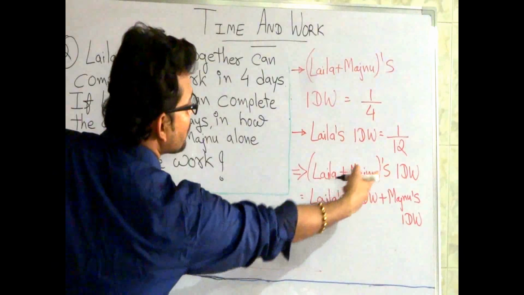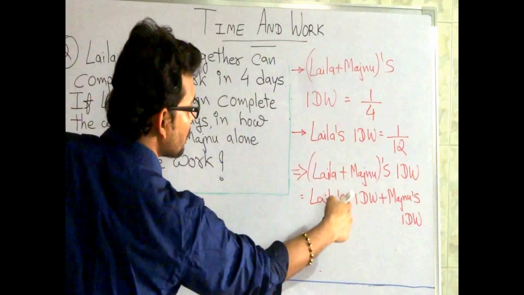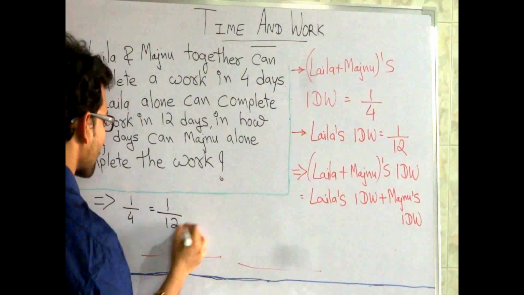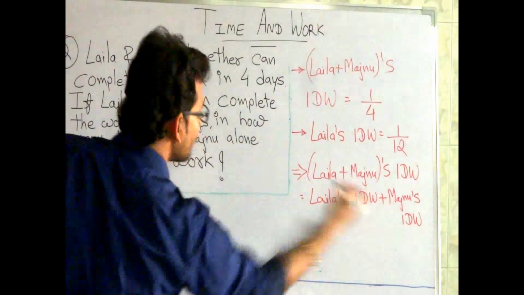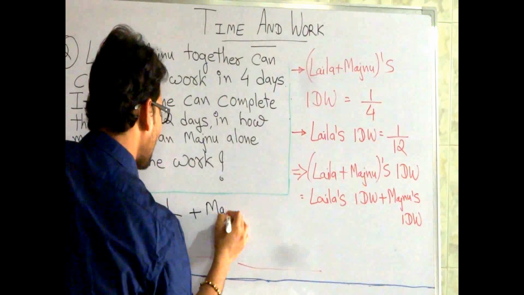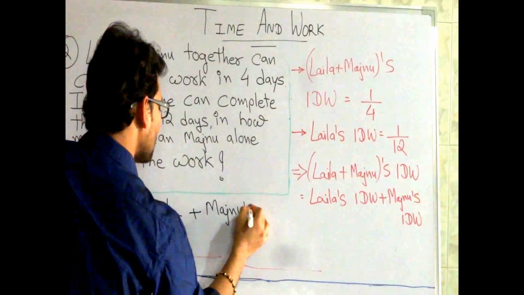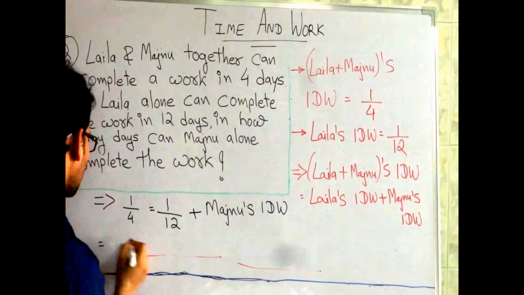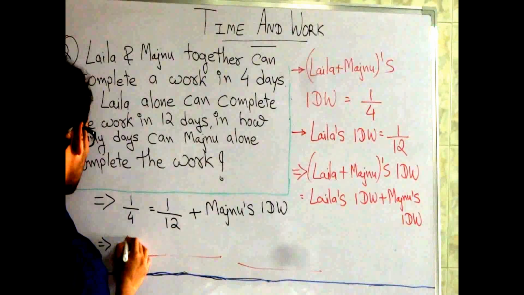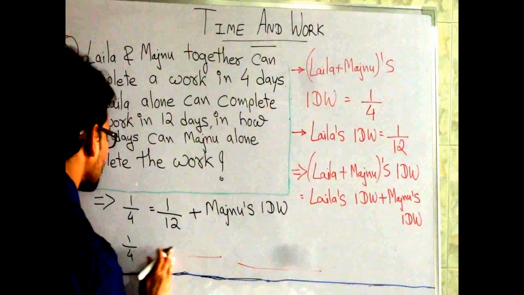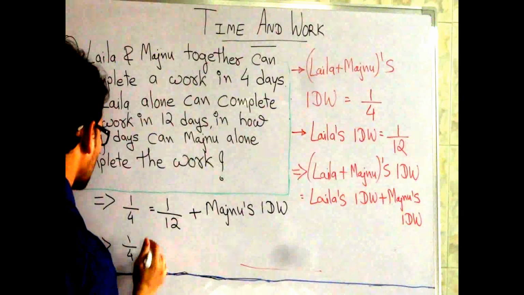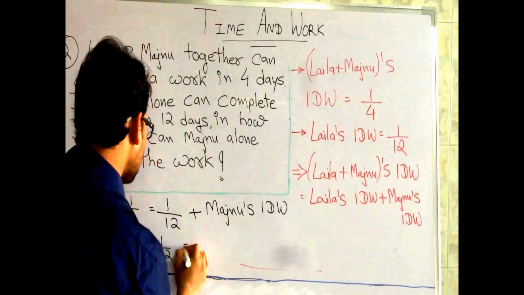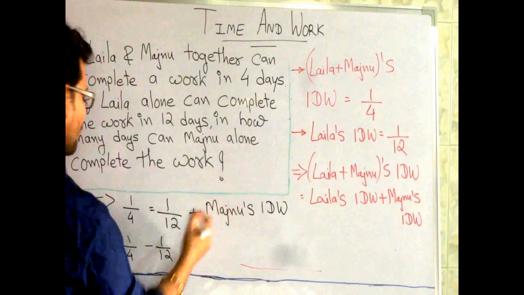So Laila plus Majnu's one day work, 1 by 4, is equal to Laila's one day work, which is 1 by 12, plus Majnu's one day work, that we have to find out. So what we have to do? 1 by 4 minus 1 by 12 is equal to Majnu's one day work.